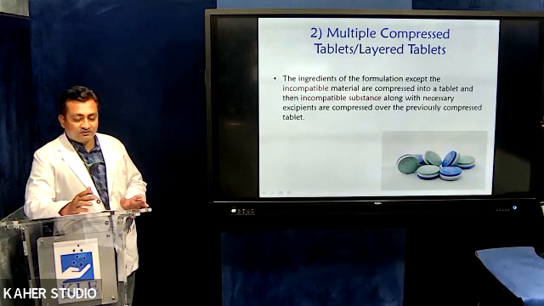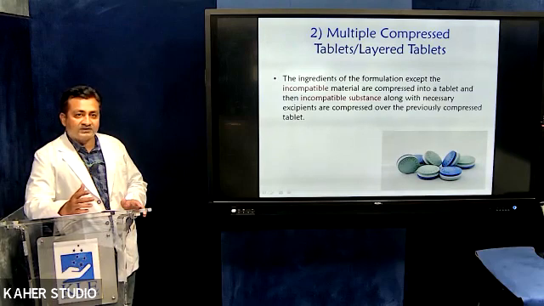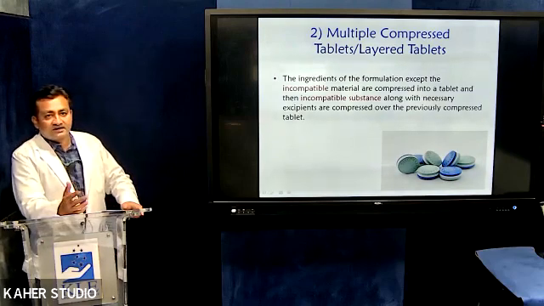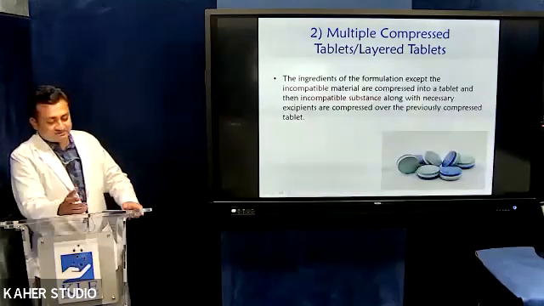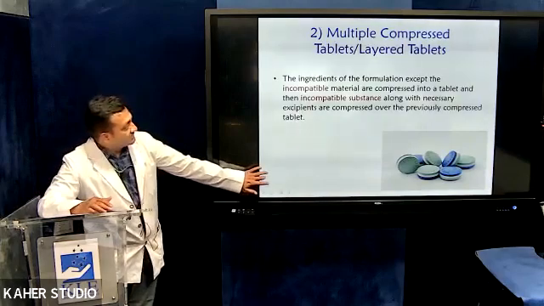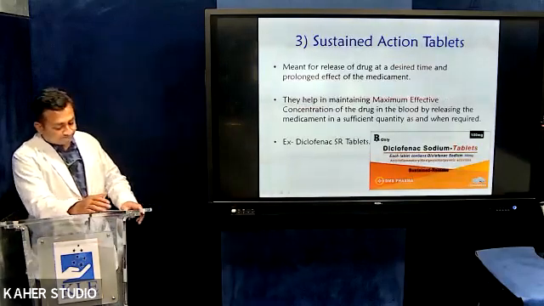So if there are 2 or more ingredients which are incompatible with each other, the material which is first taken is compressed, and then the second material, the excipient or the drug mixed with the excipient, is again compressed over the previously compressed tablets. So we get 2 layers, the multi-compressed tablets.